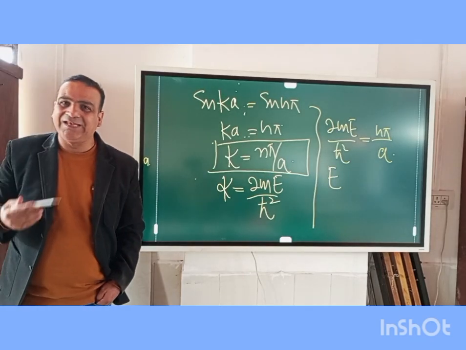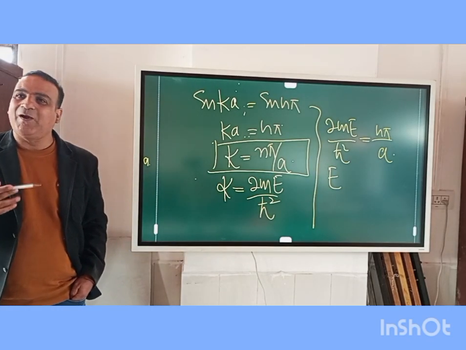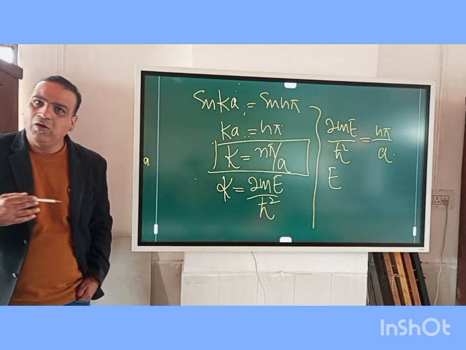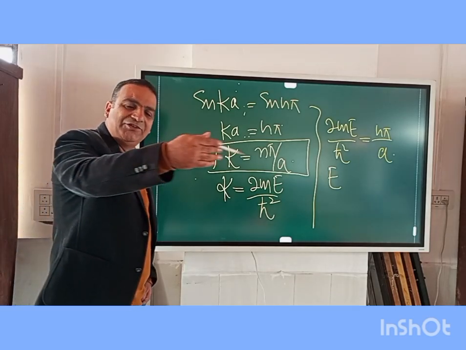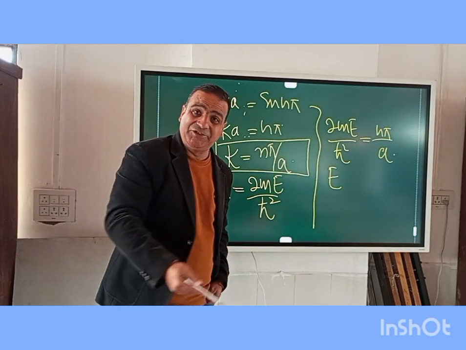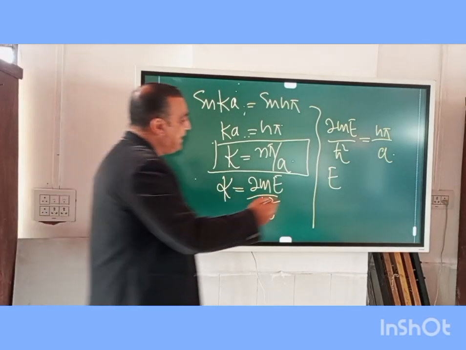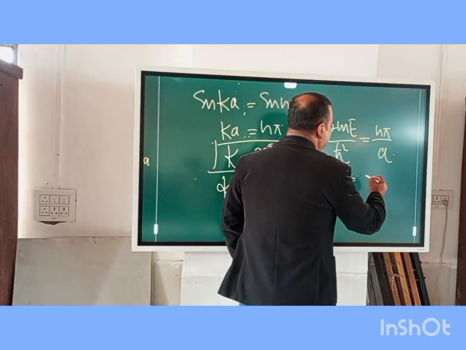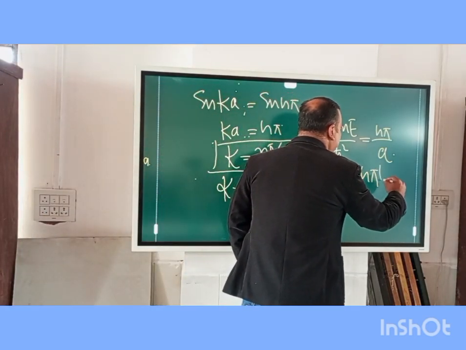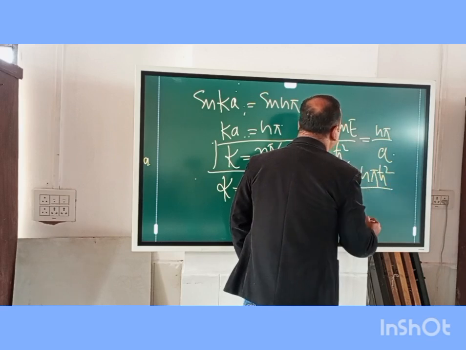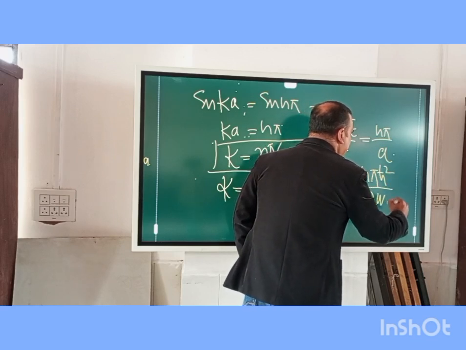What we expect classically is that this particle will have all possible energies. But here's a contradiction. The contradiction is that E is n squared pi squared h bar square by 2ma squared.